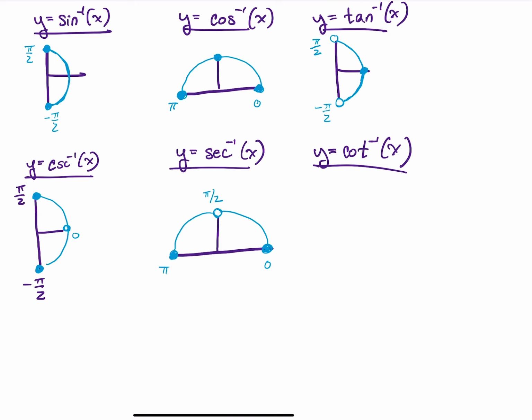And the inverse cotangent will also look similar to the inverse cosine, except it's undefined at 0 and pi. That's where we had vertical asymptotes for the cosine graph. We can have pi over 2 up here.